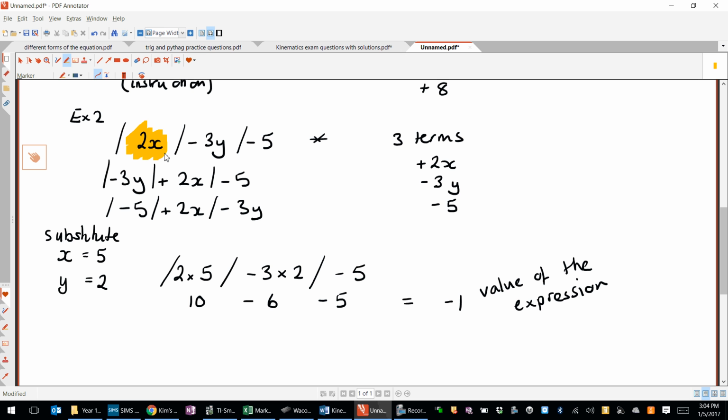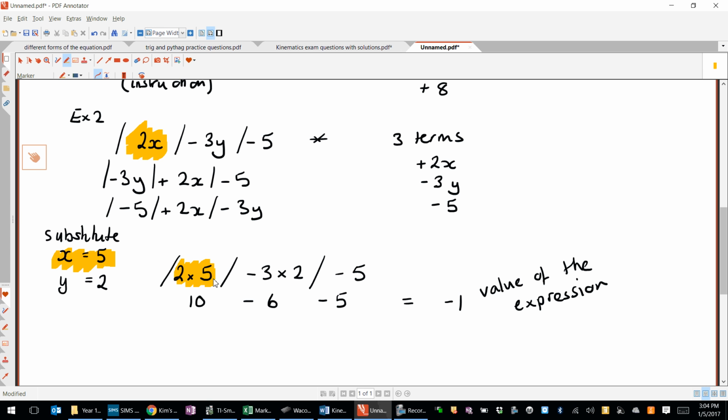Because I've told you that x is 5, we do 2 times 5. When we have two numbers, we don't put the 2 and the 5 together with no times, because it looks like 25. We can do it when we've got a letter and a number, but when we've got 2 numbers, we have to put the times so we know what we're doing.